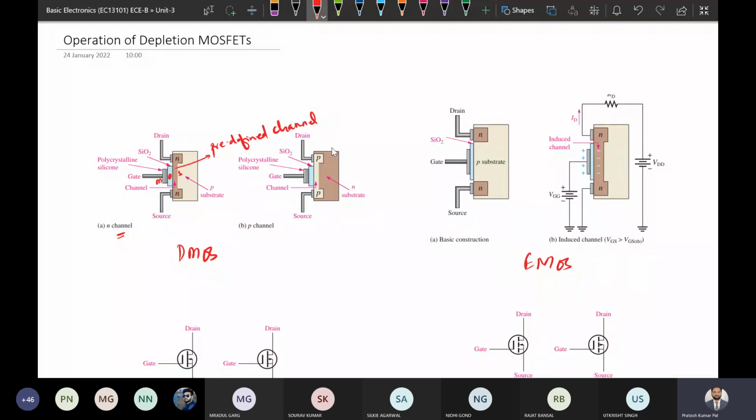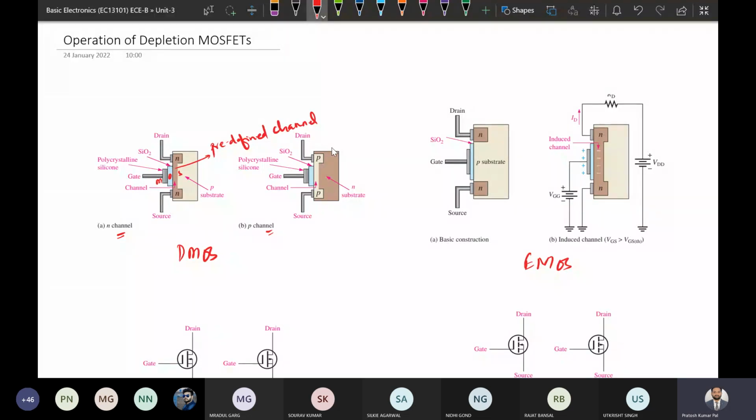If it is a P channel depletion type MOSFET, there will be a predefined channel formed because of the availability of holes, since a large number of holes will be in this region between drain and source. So this is your P channel depletion type MOSFET.